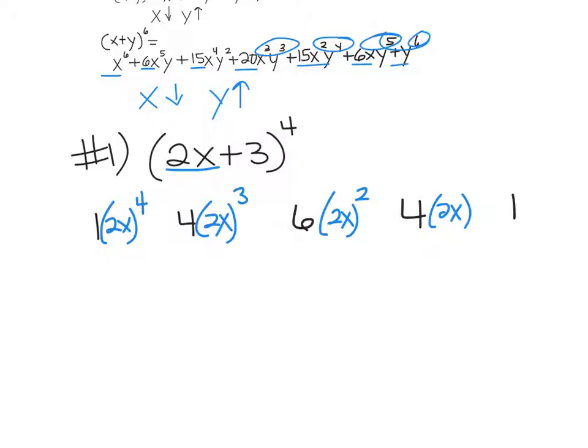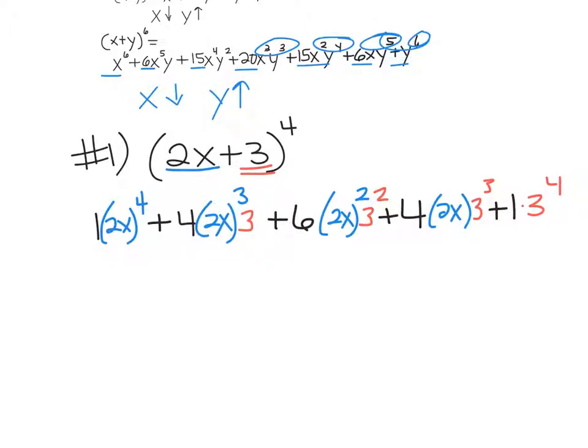Then I'm going to take the second term, which is 3. This is like my y, you know. And so there is no y here. And then 3 to the 1st power, 3 squared, 3 cubed, and then 3 to the 4th. And in between all of them, I'm going to put pluses because my middle sign is plus.